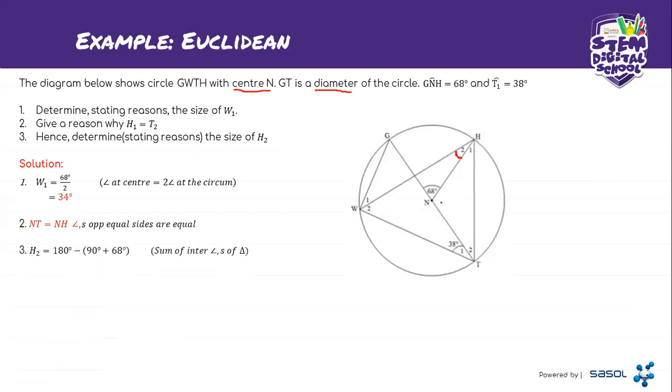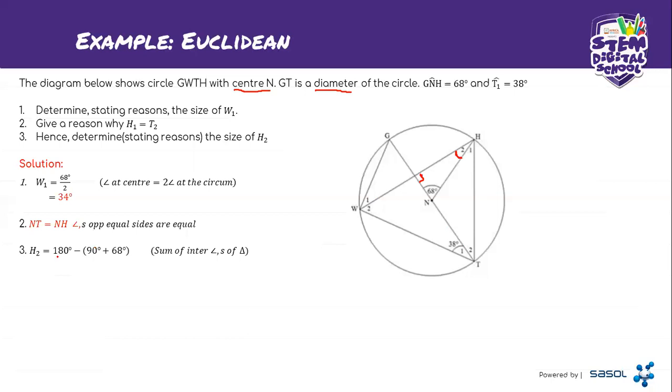Now, for you to be able to get that angle, I think you still remember about a line drawn from the center to the chord of the circle. They are always perpendicular there, and of course this is going to be 90 degrees there, right? Once you see a line drawn from the center, it will always be perpendicular to the chord. Therefore, since we have 90 there, and this angle of 68 degrees, we can determine this angle using the sum of interior angles of a triangle.